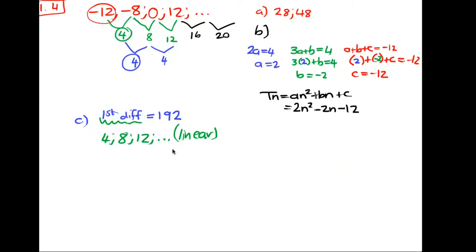Now we've discussed already, how do you find the equation for a linear pattern? Well, it's dn plus c. So let's look at our linear pattern. Who thinks they can tell us how we will find the formula for this linear pattern for our first differences?